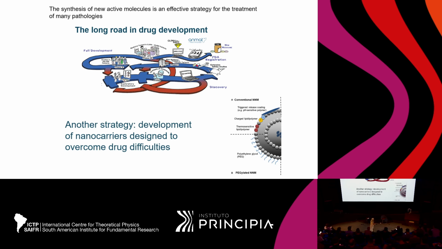There are many of them, and it depends on the application and the place where you should deliver the drug. For instance, if you need a particle that goes through the blood, you usually put polyethylene glycol to go through this.